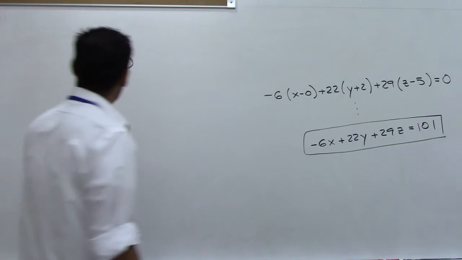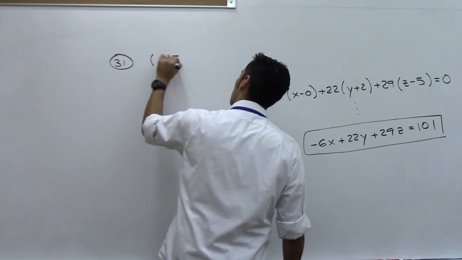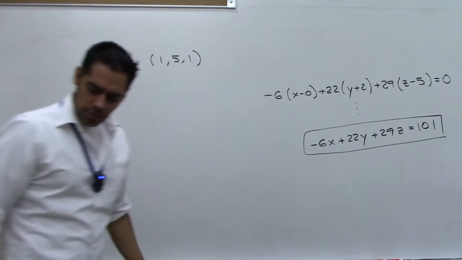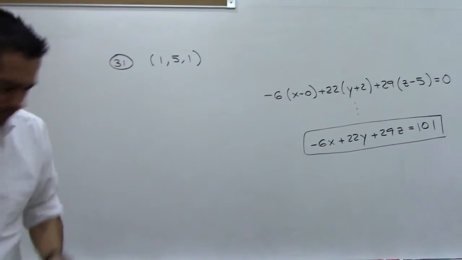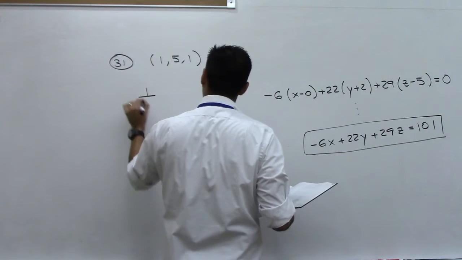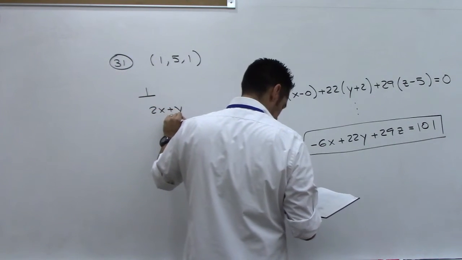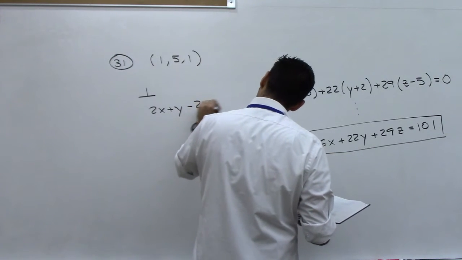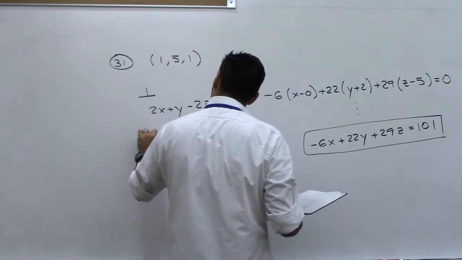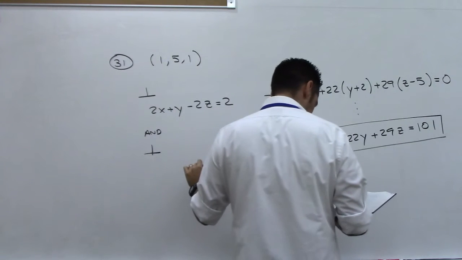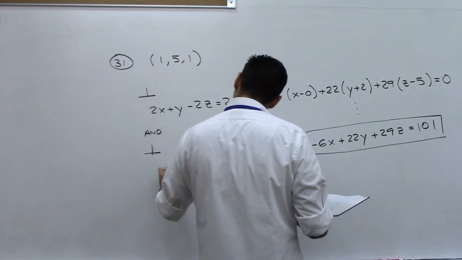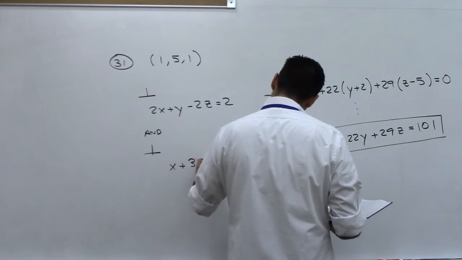It gives you the point 1, 5, 1. This point lives on your plane. And then you're told that it must be perpendicular, okay? The plane you're looking for is perpendicular to both 2x plus y minus 2z equals 2, and is also perpendicular to x plus 3z equals 4.